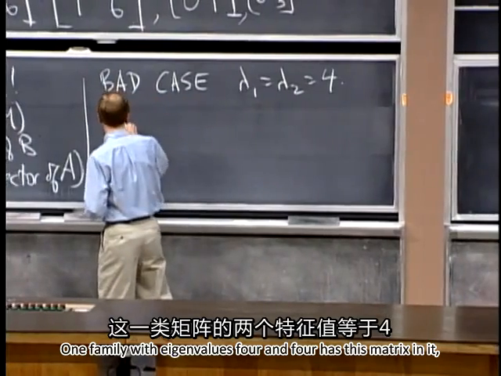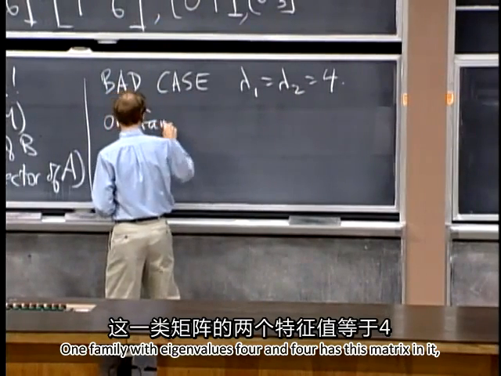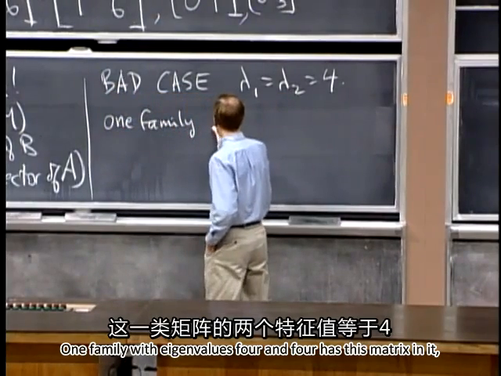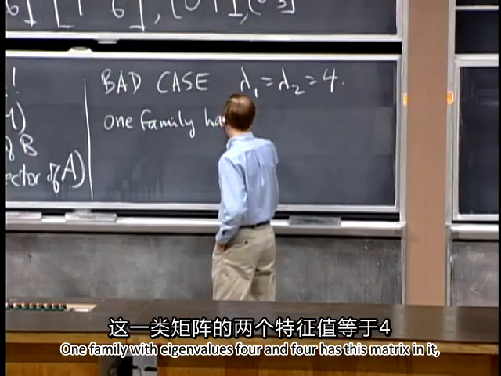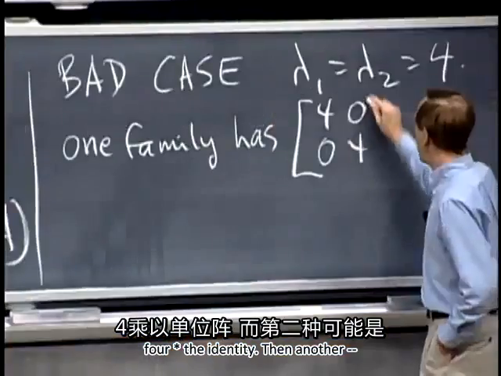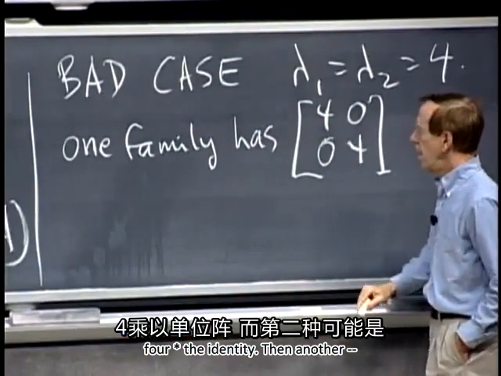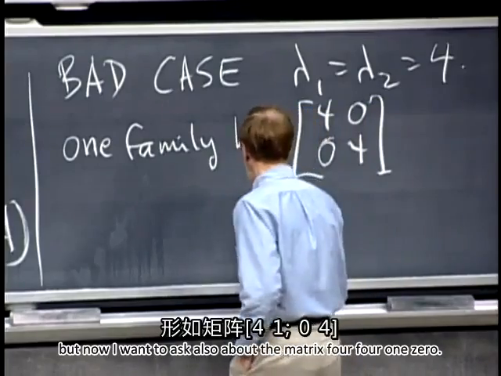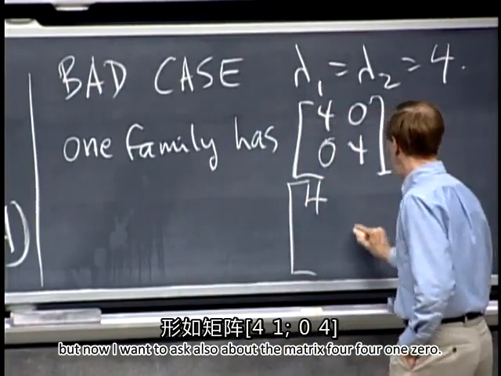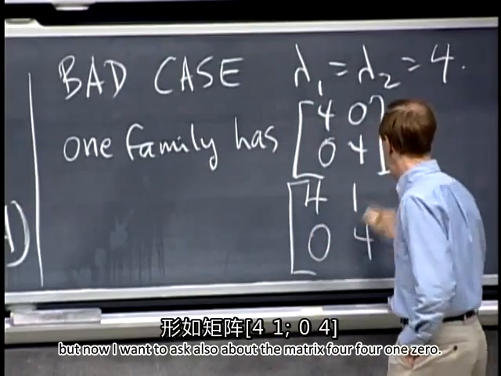One family with eigenvalues 4 and 4 has this matrix in it, 4 times the identity. Then another, but now I want to ask also about the matrix 4, 4, 1, 0.